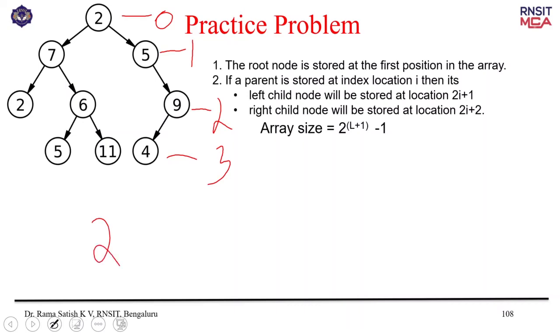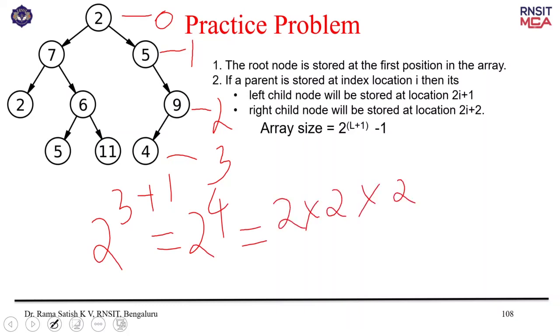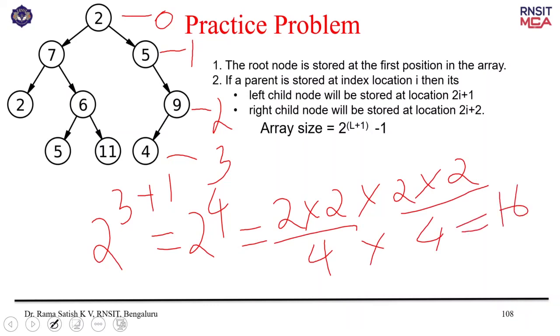So 2 raised to power of 3 plus 1, that is 2 raised to power of 4, which is 2 into 2 into 2 into 2. 2 into 2 is 4, 4 4s are 16. 16 minus 1 is 15.